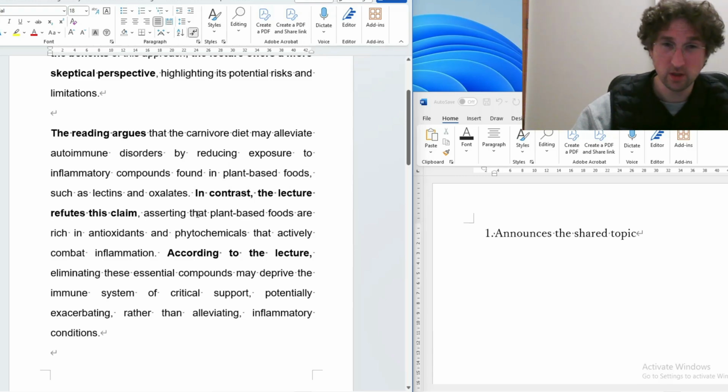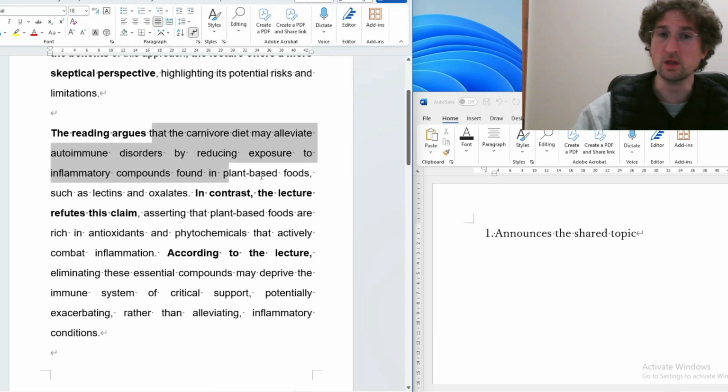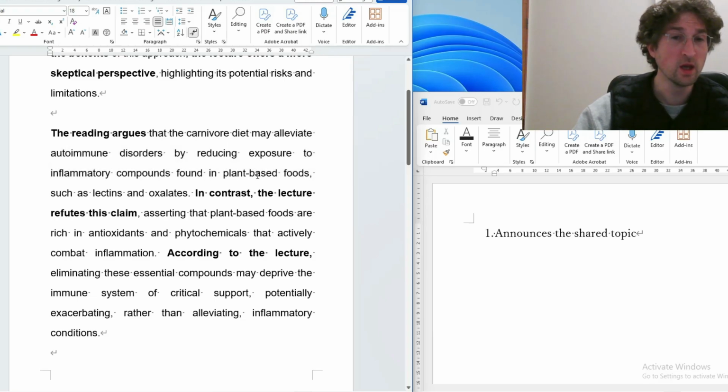Perhaps that's incorrect pronunciation. No matter. So the claim here is that plant-based foods or compounds found therein can cause inflammation. Plant-based foods can cause inflammation.